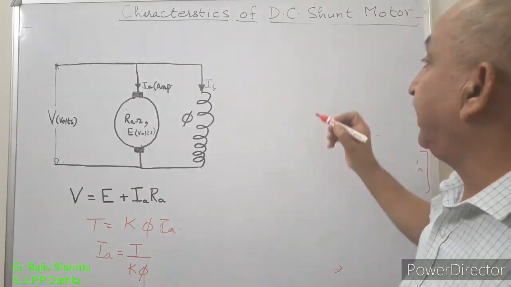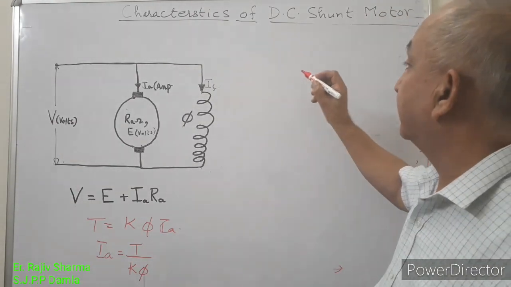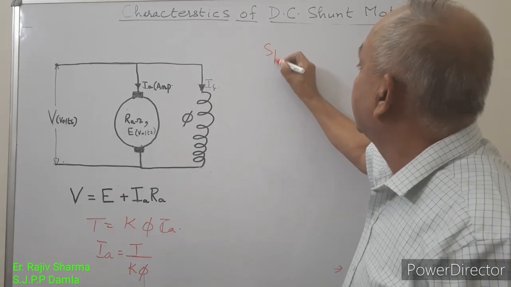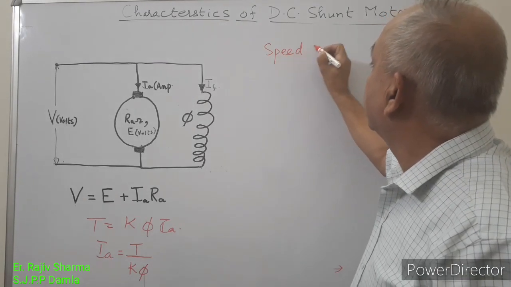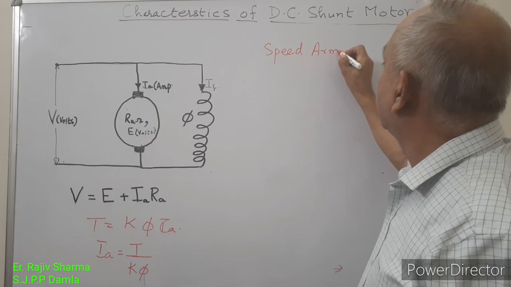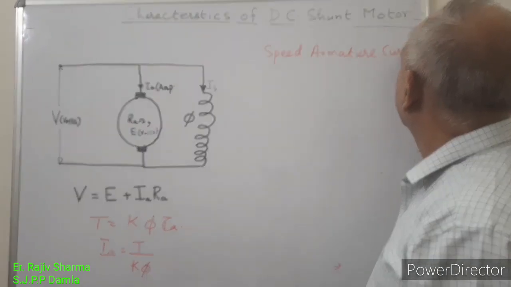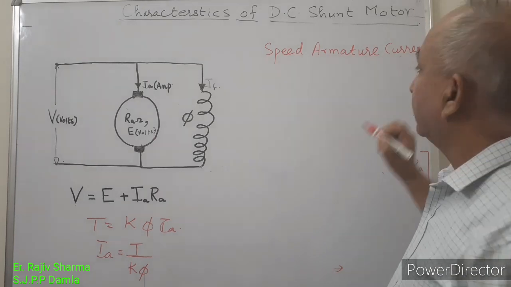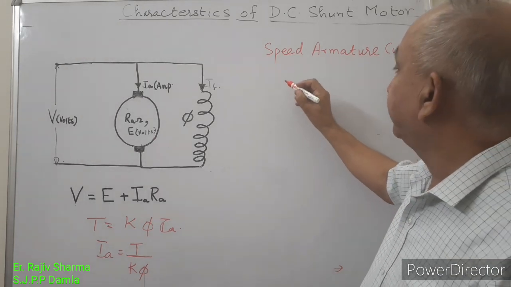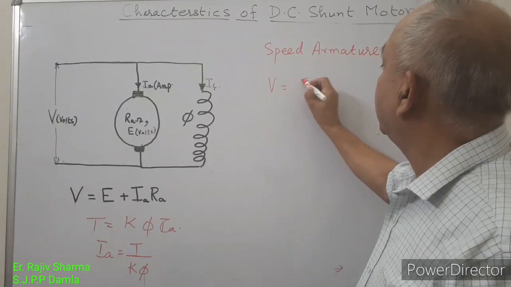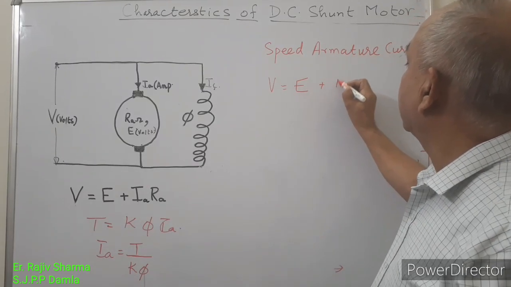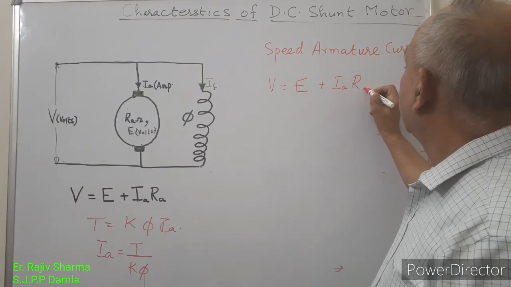Let us study the speed armature current characteristics. We know that V is equal to E plus IA RA.